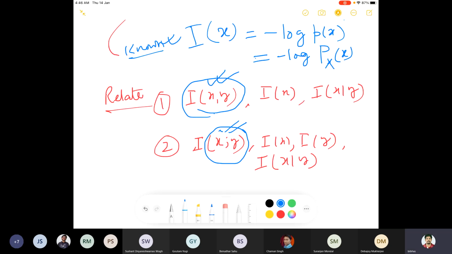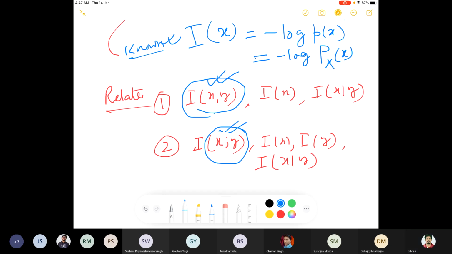Benudhar, tell me. Can you do that? Use the definitions of all these quantities and tell me. I(X) is equal to I(X,Y) minus I(X given Y).